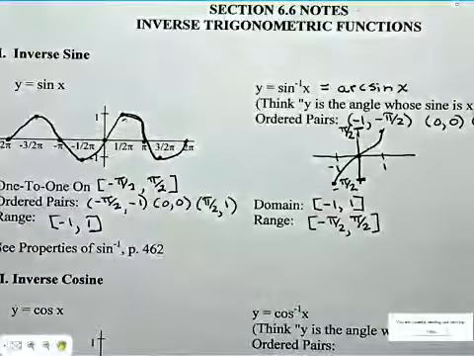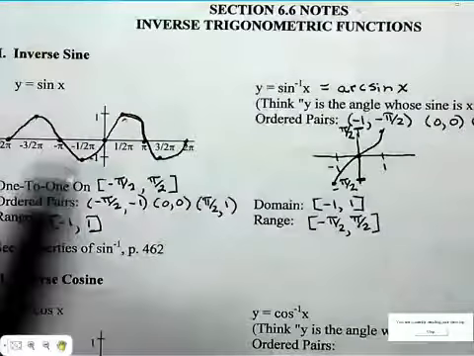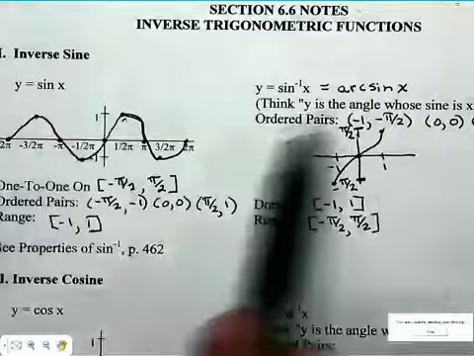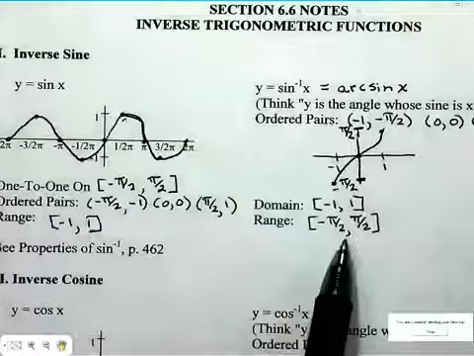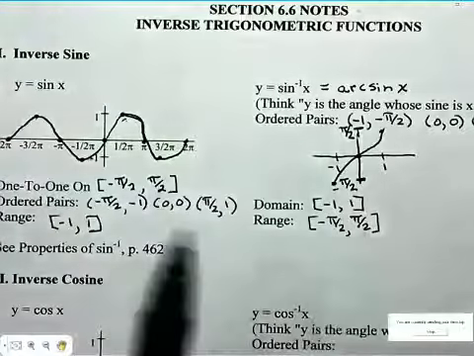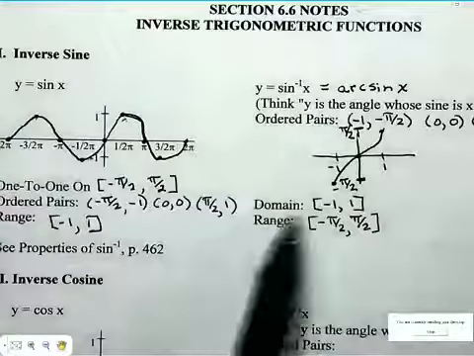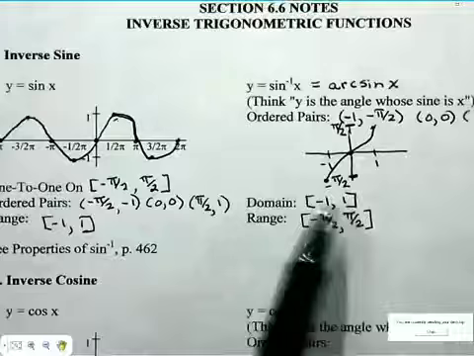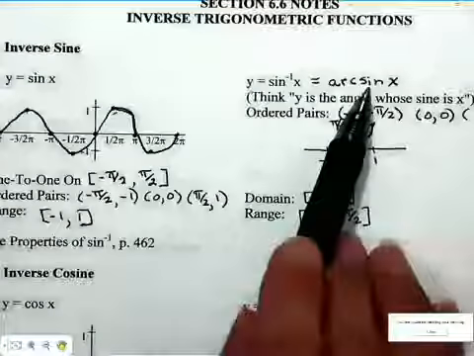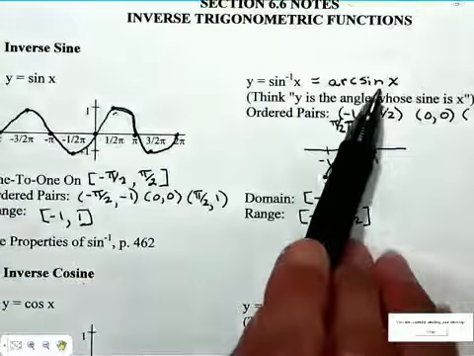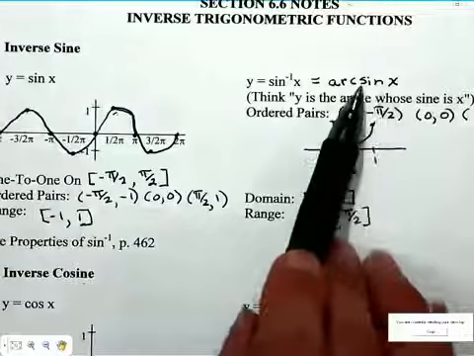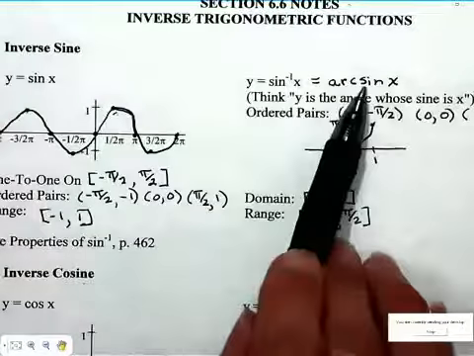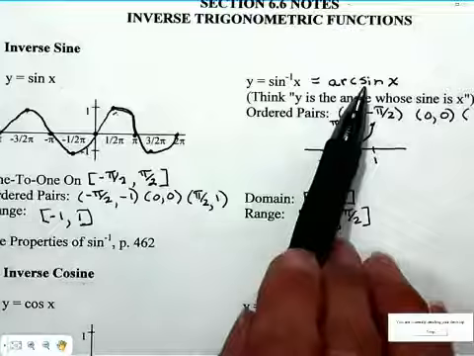All right. Here's everything we need to know about sine, everything we need to know about arc sine. The domain of arc sine being -1 to 1 means we can only take the inverse sine of numbers between -1 and 1. If I say, what's the angle where sine is 2?